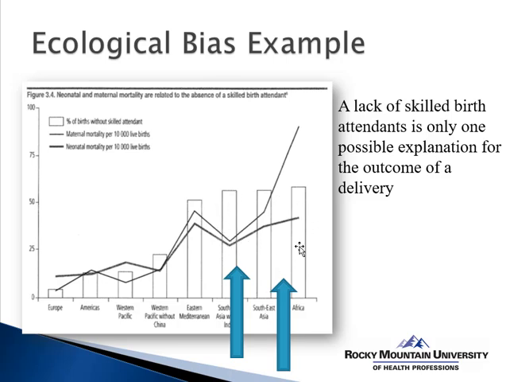Some of these areas may not have the same medical availabilities as other countries. Then they show overlapping lines for maternal mortality and neonatal mortality. What we see is lower numbers in Western areas, and then it spikes up a bit for Eastern Mediterranean and drops down a bit for Southern Asia.